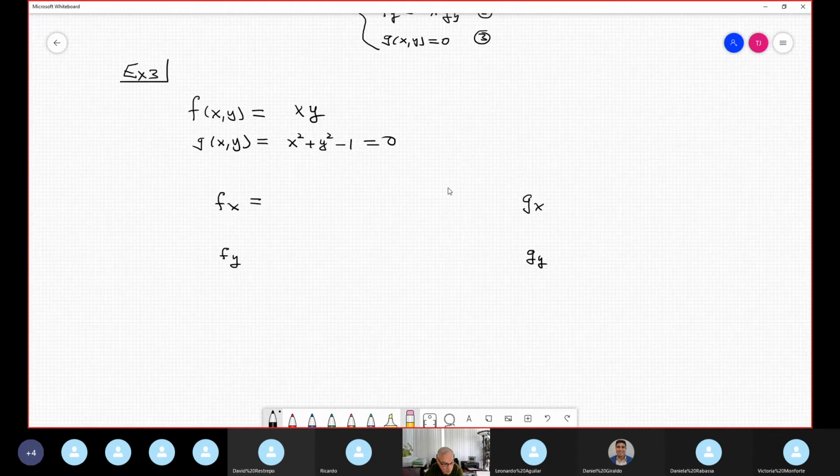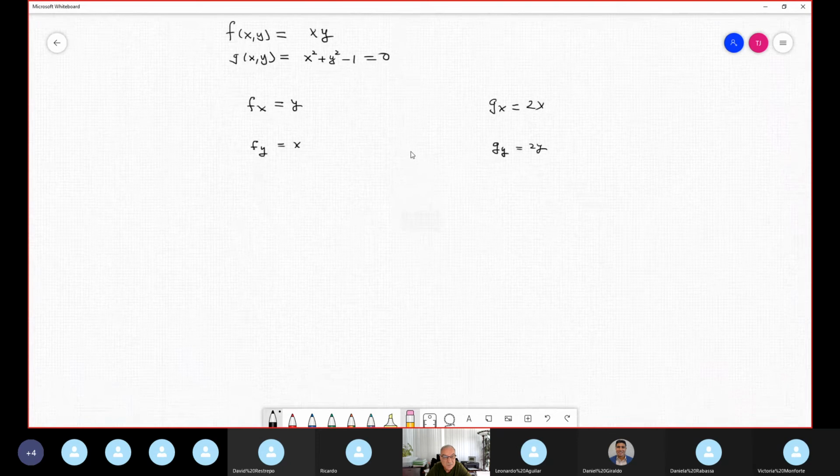Well, the derivative of f with respect to x is y. The derivative of f with respect to y is x. The derivative of g with respect to x is 2x. And the derivative of g with respect to y is 2y. So our system of equations is: the first equation is y equal to 2x multiplied by lambda.